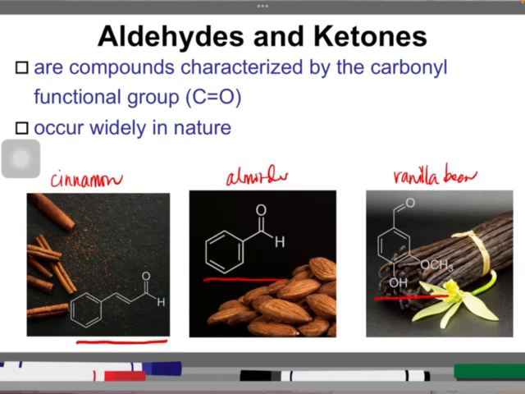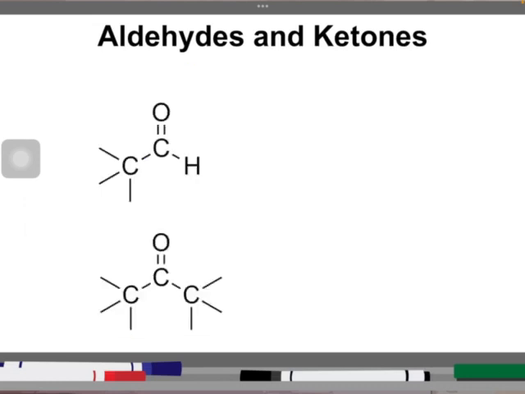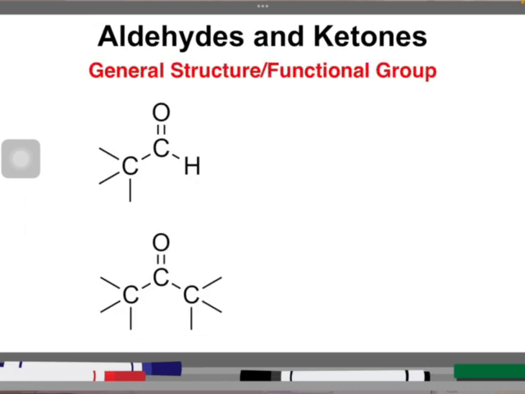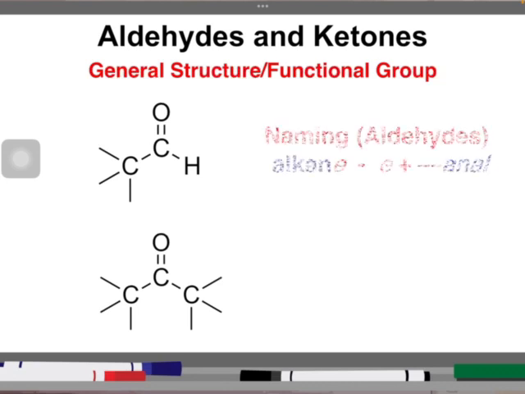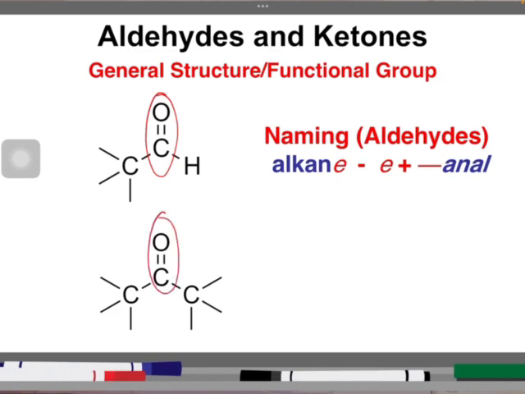So again, these are the general structure or the functional group of your aldehydes and ketones. You still have the carbonyl group, but the difference between the two is that in your aldehydes, on one terminal side, what is attached to it is H. After you add the H, there are no more atoms you can add there.